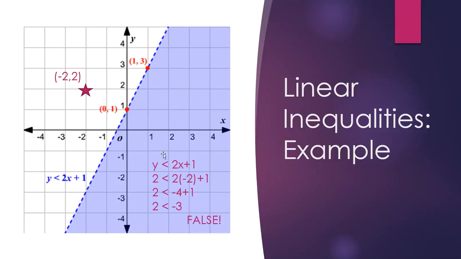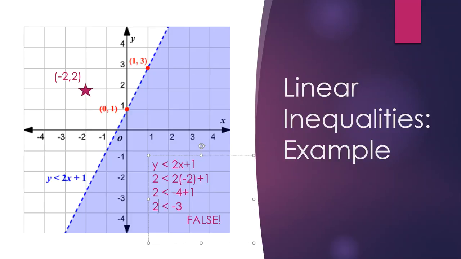If I plugged in x is negative 2 and y is 2, I'm going to end up getting, by the time I finish simplifying all this, 2 is less than negative 3, and that's false. 2 is not less than negative 3. And that's why it's in the unshaded region, because this whole white area over here represents the things that cannot be an answer to this inequality, whereas all the shaded areas represent things that can be an answer.